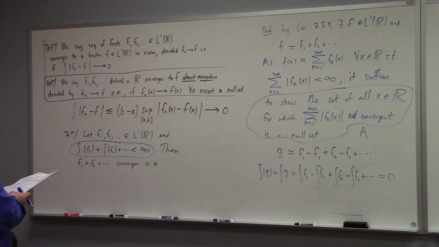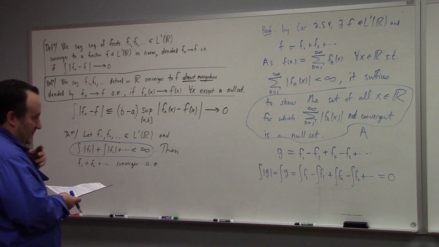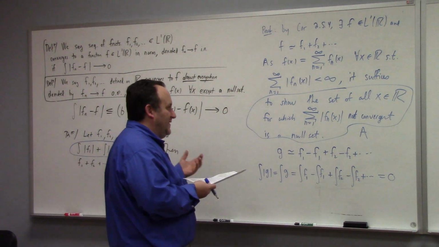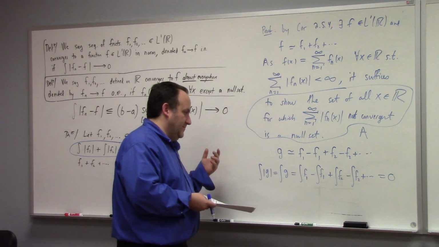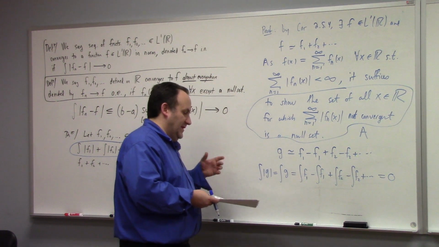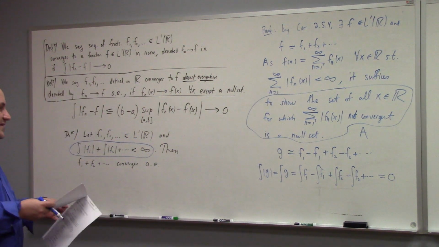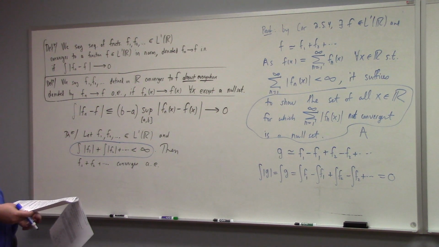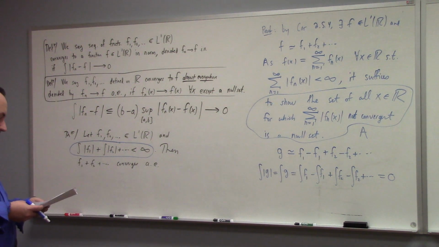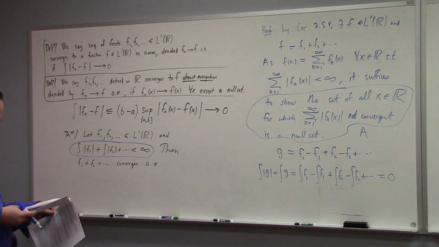I think what he's claiming is that this G is a null function. Remember how we define null function and null set? I have to go back. I think what he's saying is that this G is the null function which defines A to be the null set. If I remember right, which is debatable.